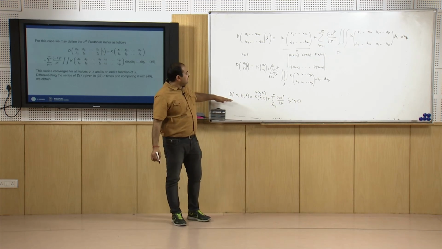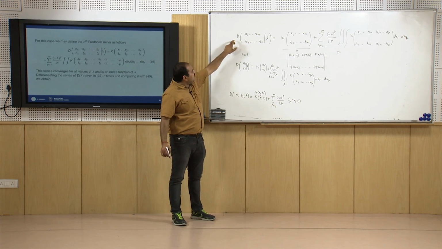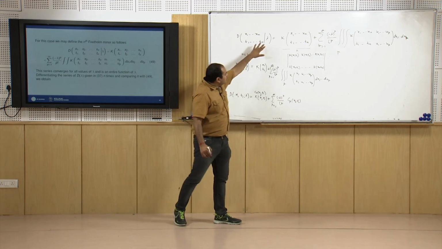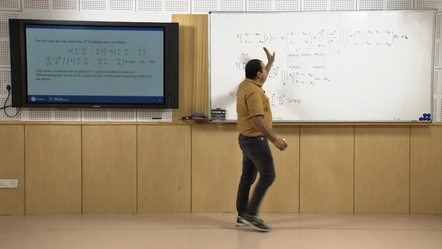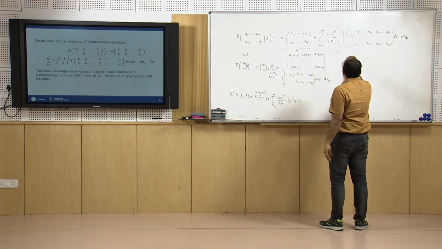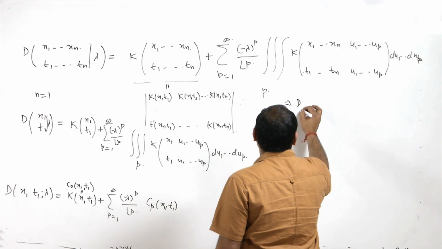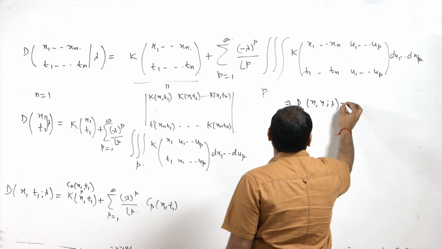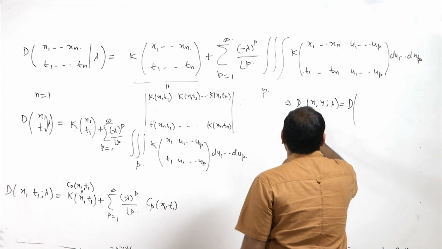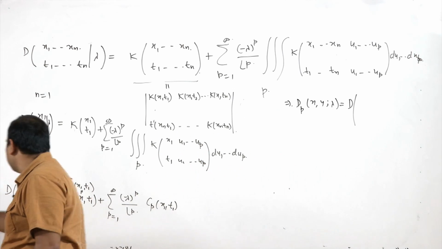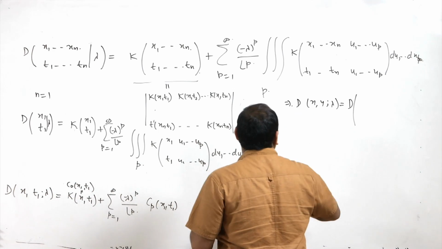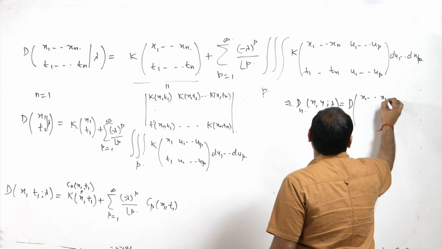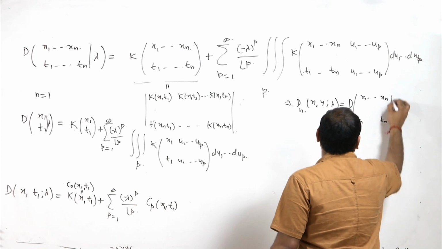Or you can further simplify this as follows: you can write this as D_n(x, y; lambda), it is D(x1 to xn; t1 to tn; lambda).